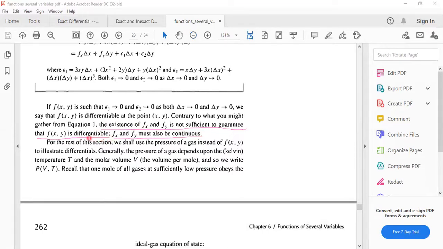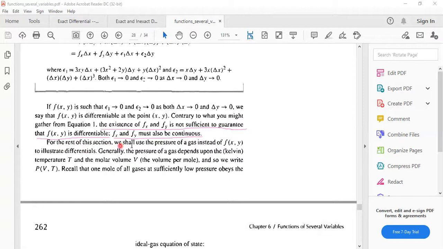In addition to that, the partial derivatives fx and fy must also be continuous.